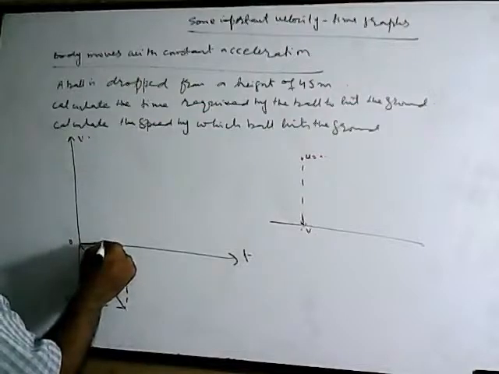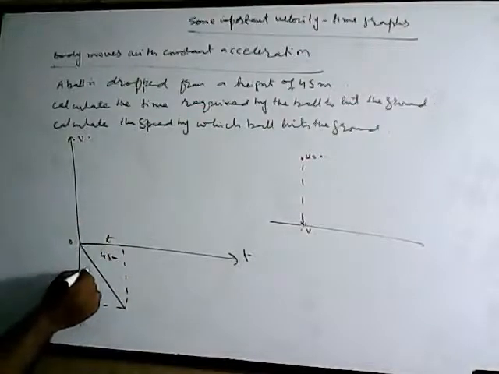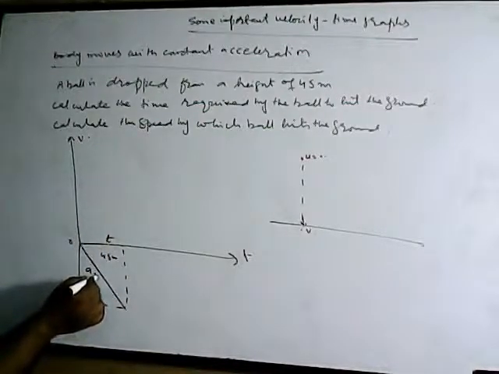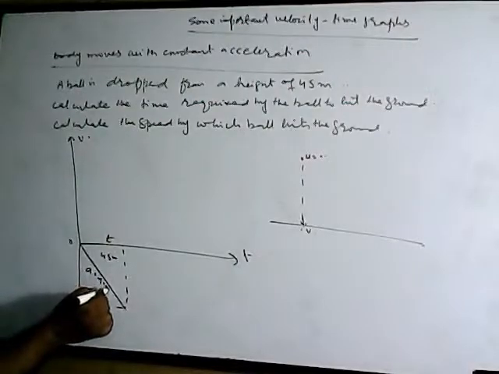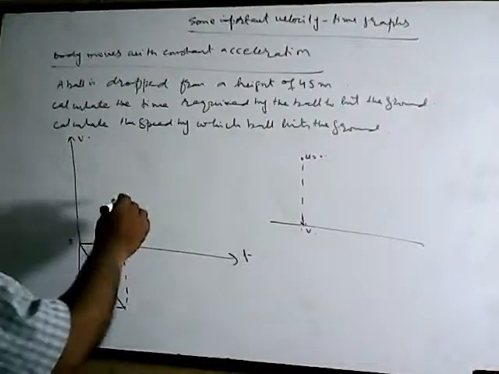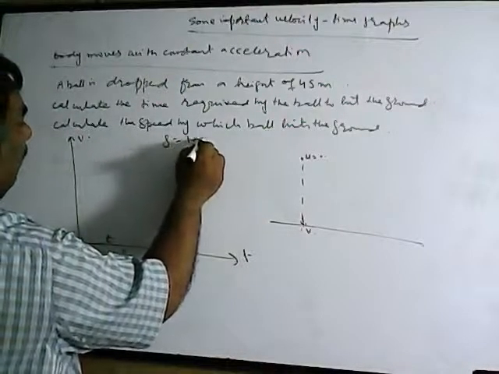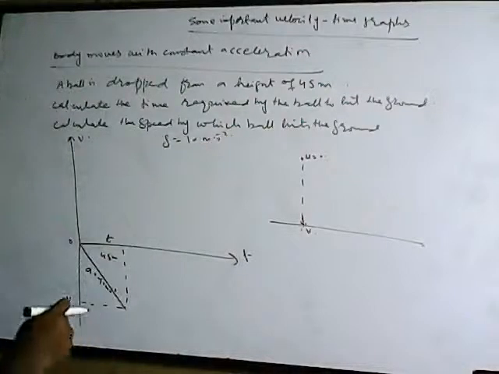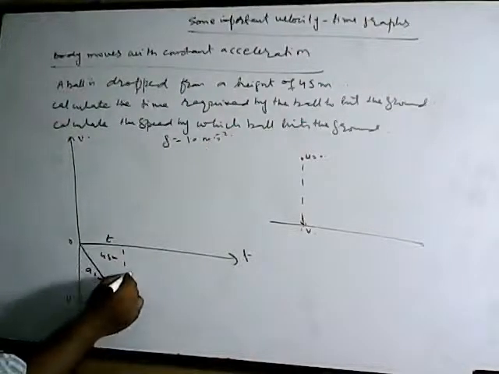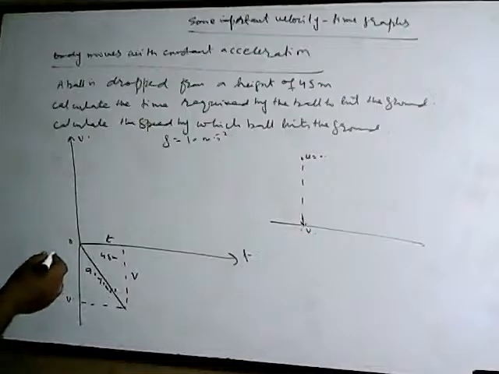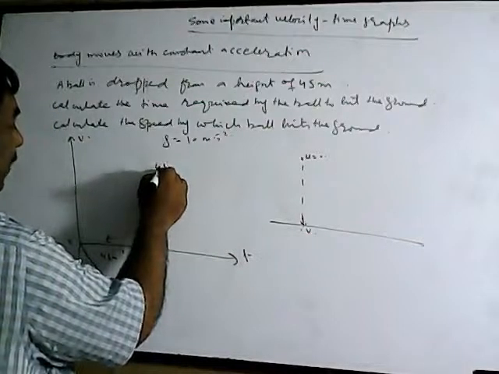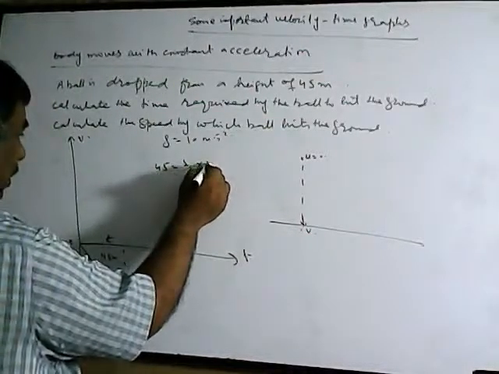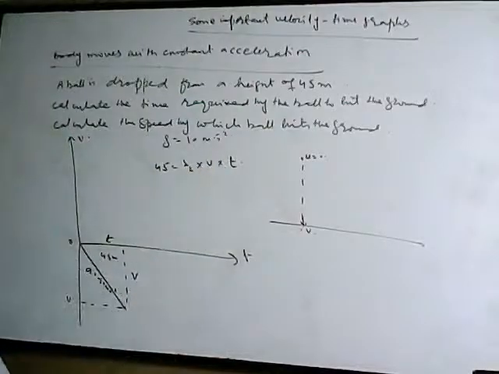Now this t is not given to you, but I am taking the acceleration due to gravity as minus 10 meters per second square. Let's say g is equal to 10 meters per second square. Now, this is v and this is t. I can say the area under the graph, 45, is equal to 1 upon 2 into v into t. But neither v nor t is given.